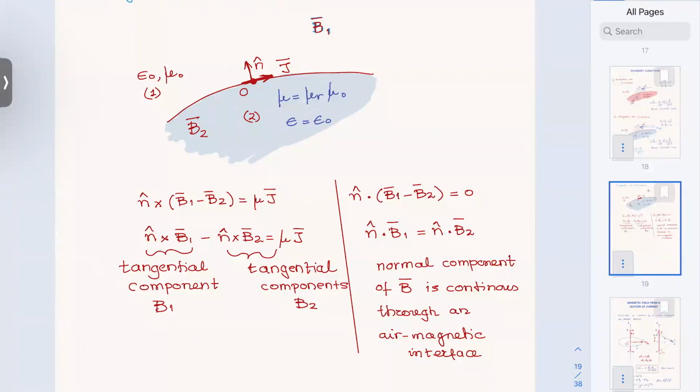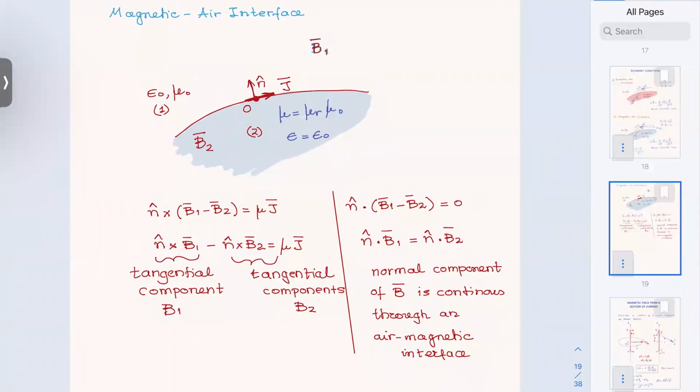And these are what the two important boundary conditions are telling us about an interface. Now, if there is no current at that point on the interface, obviously both tangential components of the magnetic flux density and the normal components of the magnetic flux density are continuous.